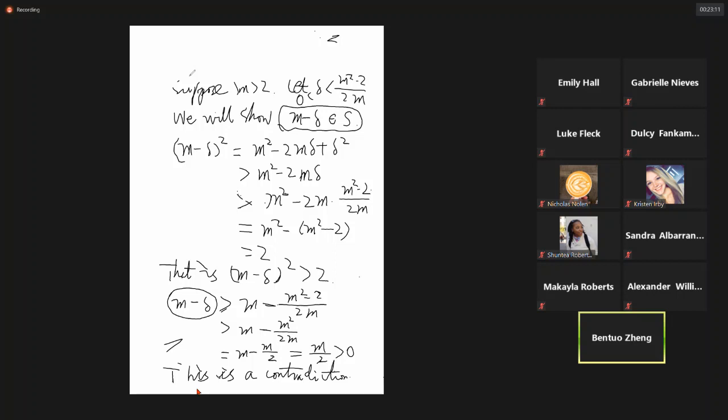All right. This means our assumption m greater than 2 is not correct. So m has to be less than or equal to 2.